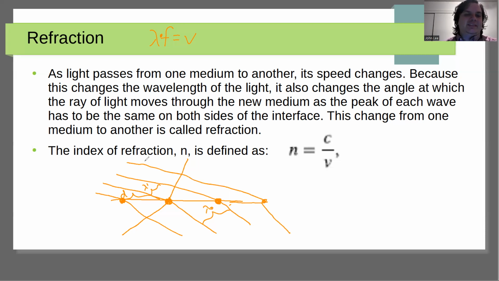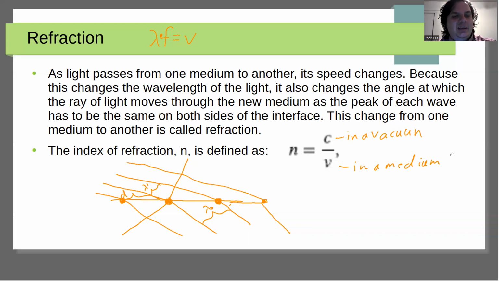So this is determined by the index of refraction n, which is defined as n is the speed of light in a vacuum over the speed of light in a medium, which just tells you how light travels through the medium. It just tells you the speed of light.